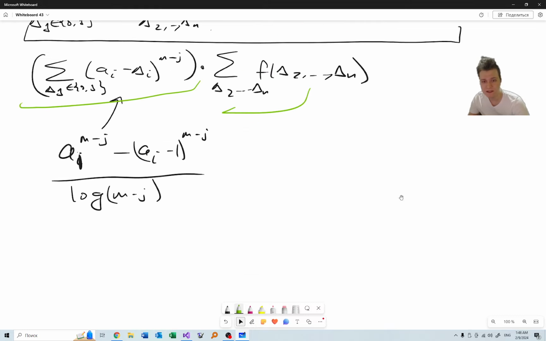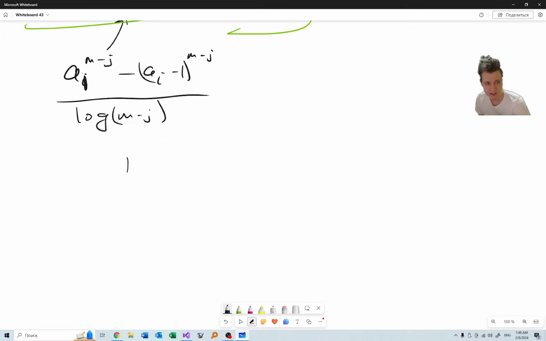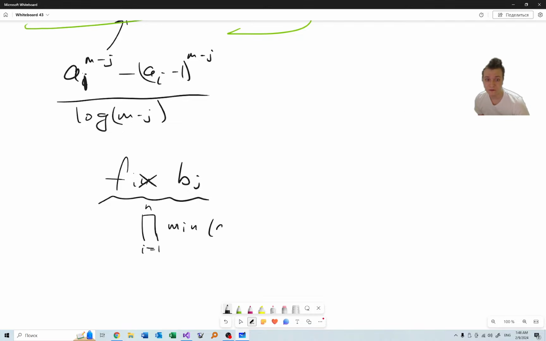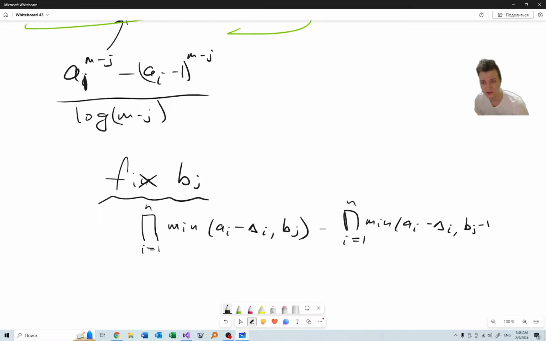so again, let's fix some bj. For fixed bj, we have the product from i equals 1 to n of minimum of ai minus delta I and bj, minus the product of minimum of ai minus delta I and bj minus 1. This is for fixed bj.